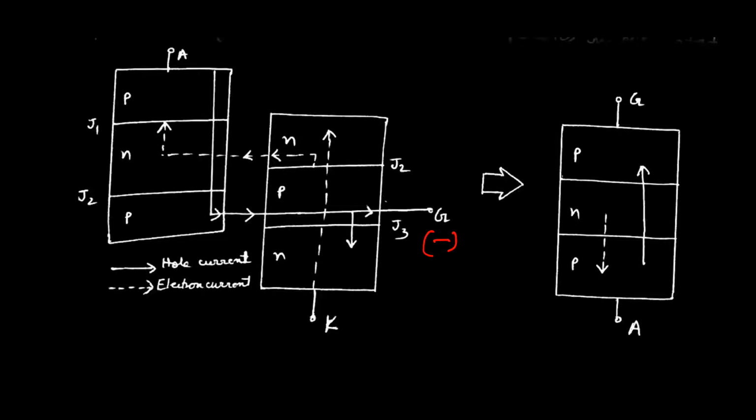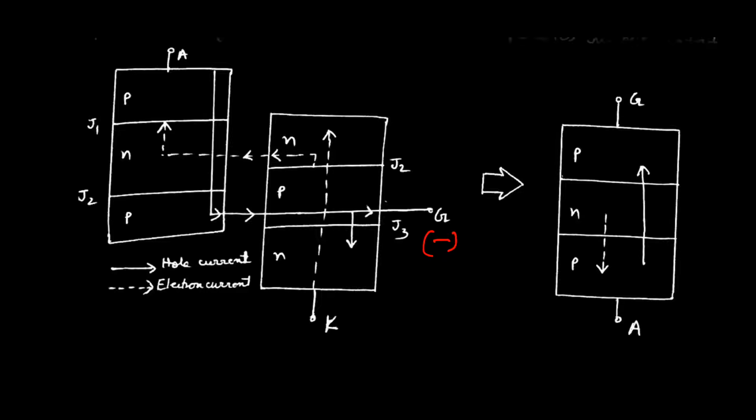Once this injection of electrons has stopped, then automatically junctions J1 and J2 will be reformed, or the depletion layer will form across junctions J1 and J2. That means the total injection of electrons has stopped throughout the device.